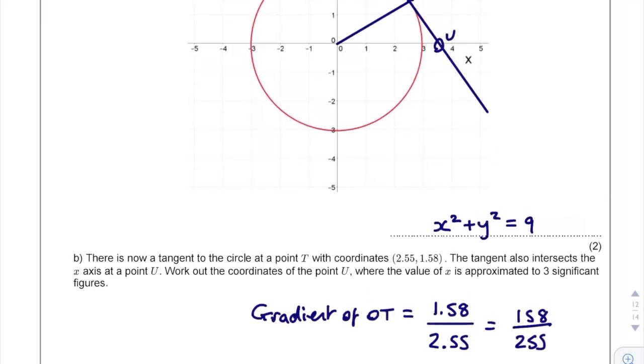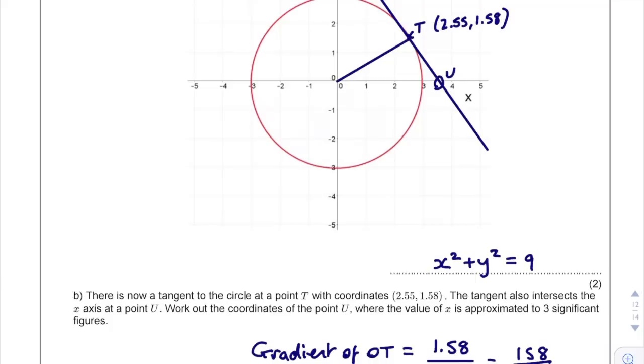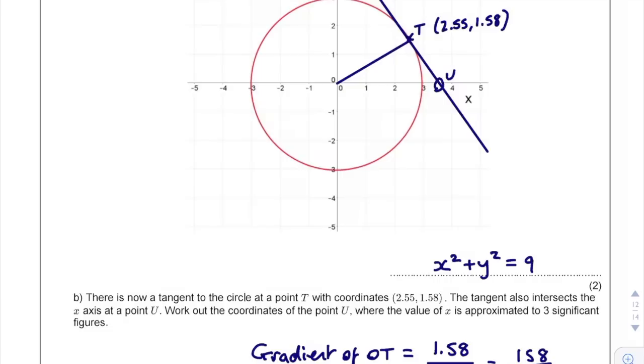Now, the reason why we worked out the gradient of OT is because we need to work out the gradient of the tangent. You should know from your circle theorems that if you've got a tangent touching a circle at a particular point, the tangent line is going to be perpendicular to the line that goes from the center of the circle to the point of the tangent. That's just the radius of the circle, so there's a right angle here.